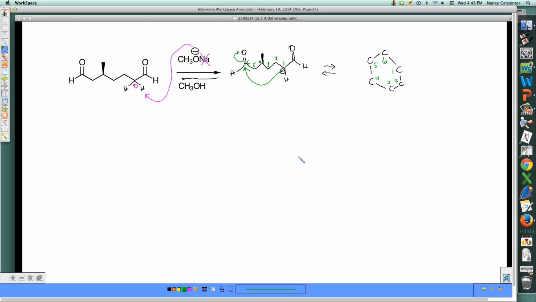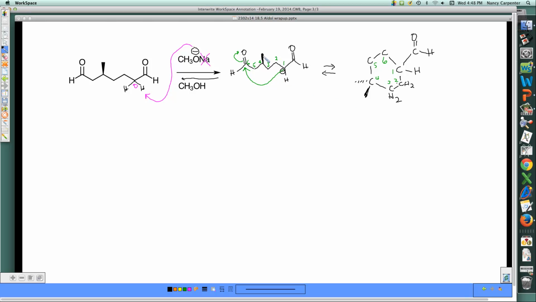So, carbon 1 was my enolate carbon, so it is connected to the aldehyde group and a hydrogen. Carbons 2 and 3 were both CH2s. Carbon 4 has that methyl group on it. Now, is it R or S?